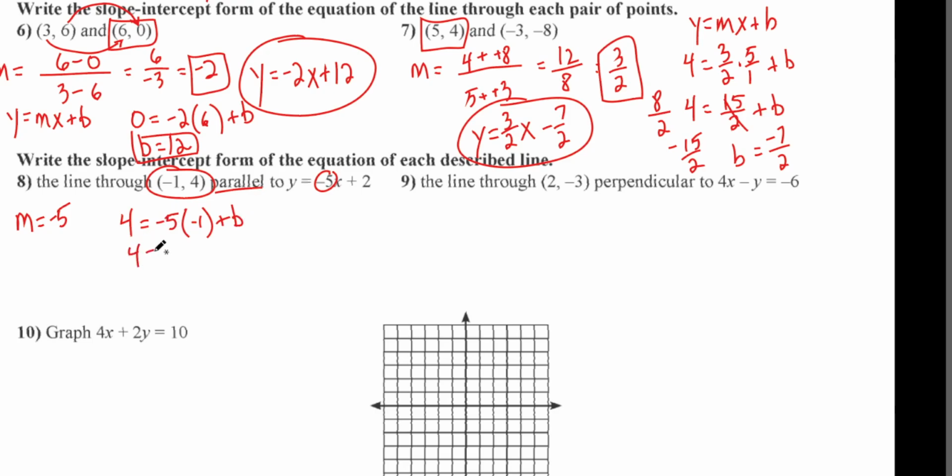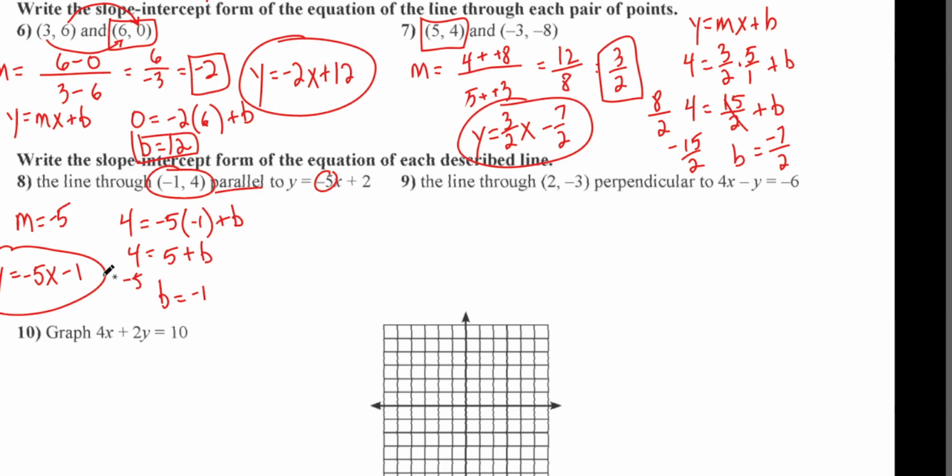So 4 equals, negative times a negative is positive 5 plus b. Subtract 5 from both sides. So what is b? It's negative 1. There's my slope, there's my y-intercept. Now I can write the equation. Y equals negative 5x minus 1. And that is the equation of a line that goes through this point and is parallel to this line right there.